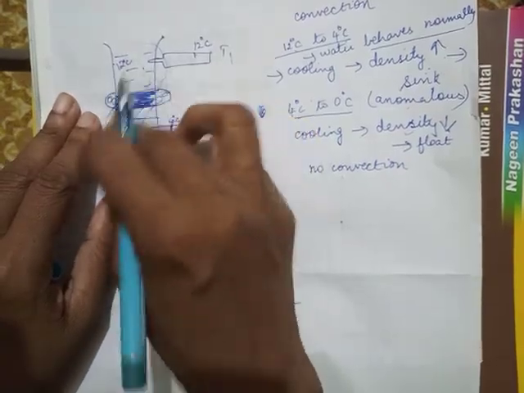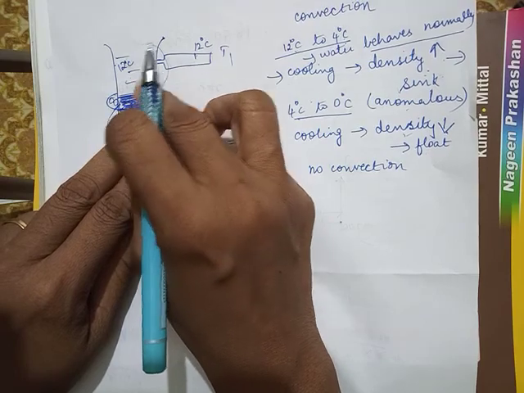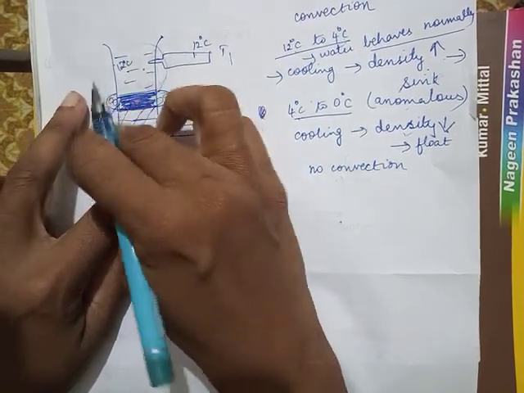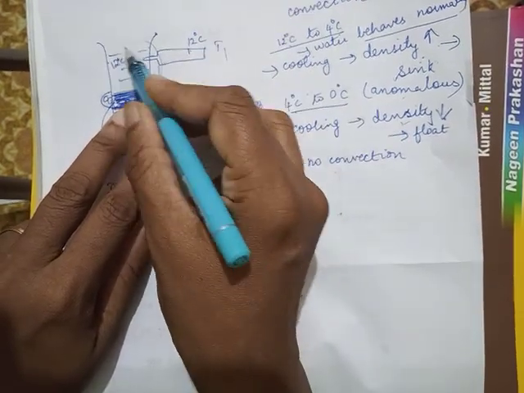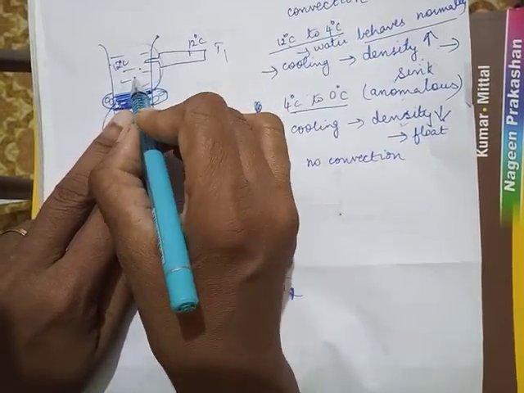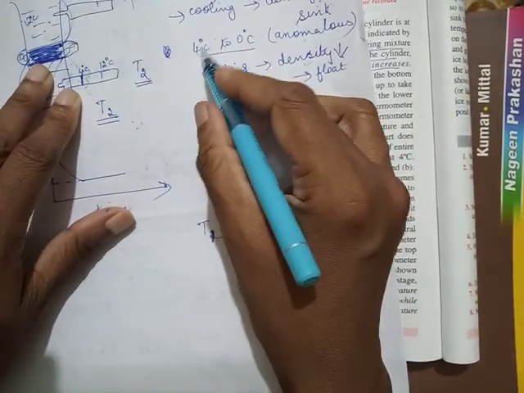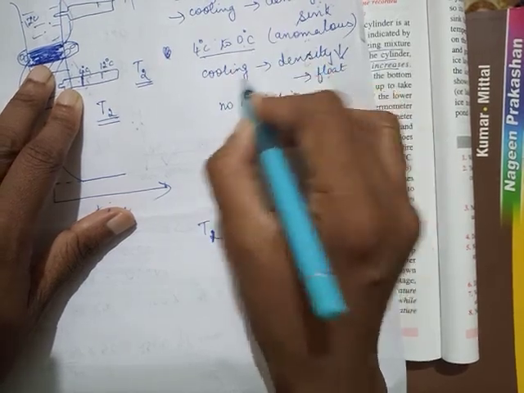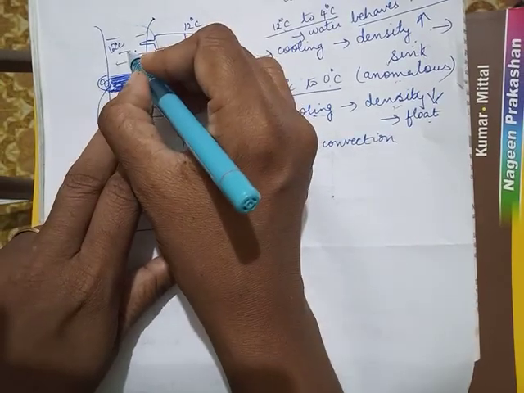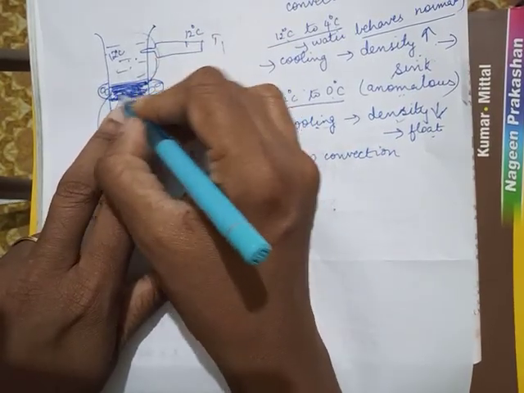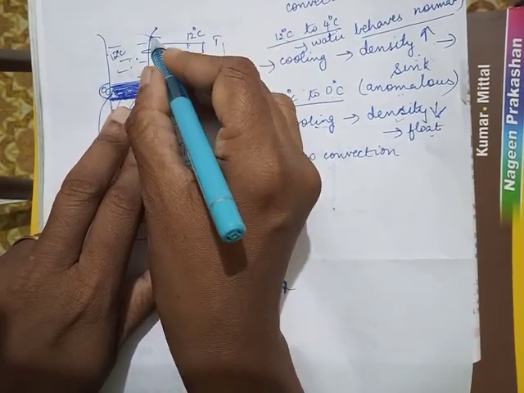Now once this process here is over, and this all has reached 4, and this has now become 3, 4 to 3, it cannot go down, but it can go up, because when compared to water at 12 degrees Celsius, this will be now lighter, because 4 to 0 cooling density decreases. So because its density is decreased when compared to this, it can no more stay down, it will go up. This is also convection. Okay, lower density going up.